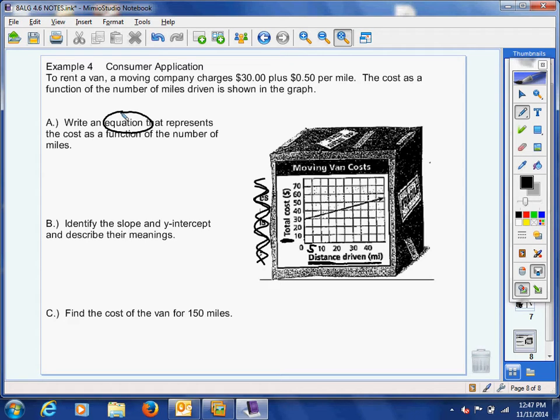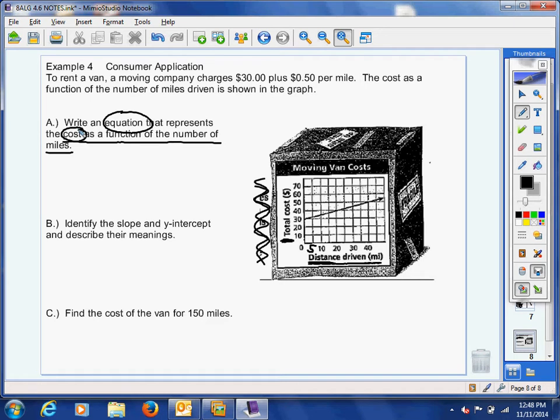Well, the words I want to focus on right now: cost as a function of the number of miles. We know what a function is, and the way that they have it worded, they are telling us some important information. Cost, remember, is our dependent variable. Remember, a long time ago, we studied what depends on what. In this particular case, the total cost of the moving van really depends on how many miles that moving van goes.